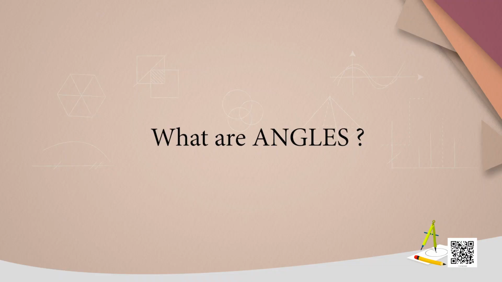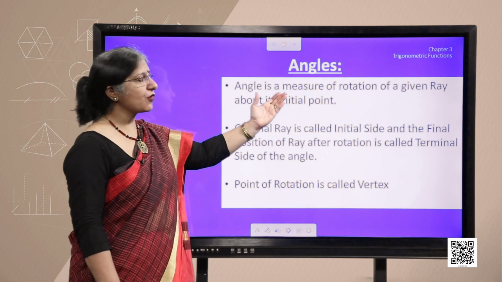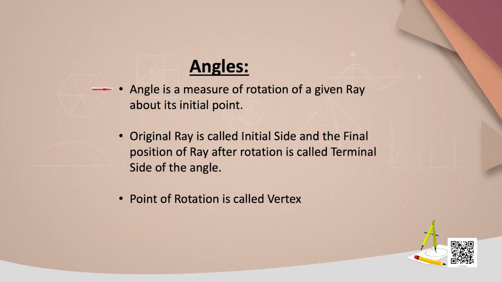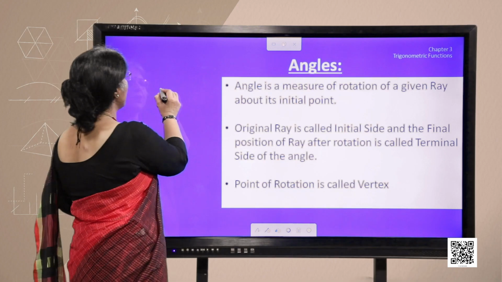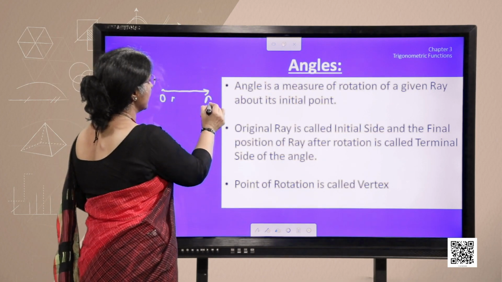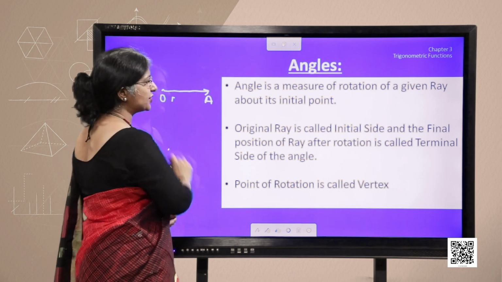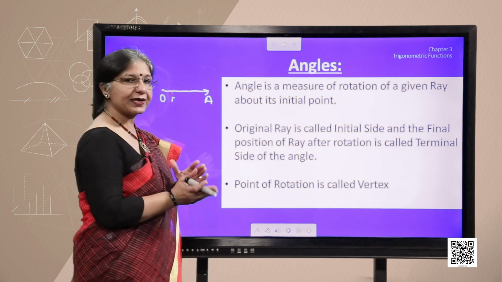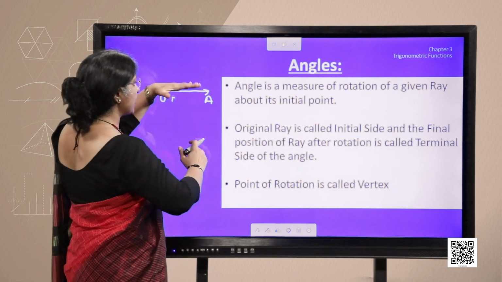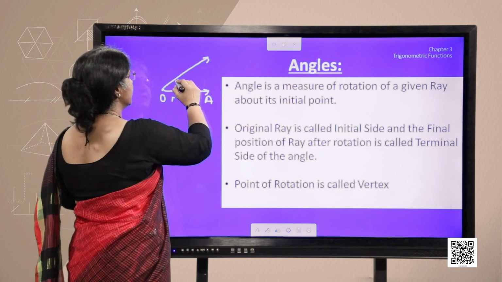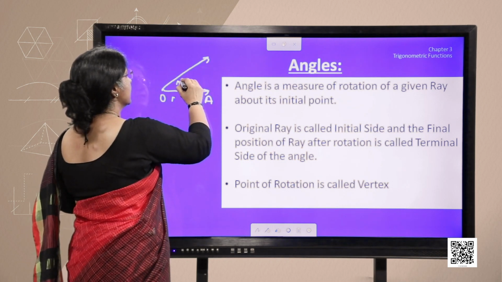Now, what are angles? Angle is a measure of rotation of a given ray about its initial point. If we consider a point O and a ray leading to A, this is initial side, original ray, and the final position of the ray after rotation. If it rotates anti-clockwise, it traces an angle like this.